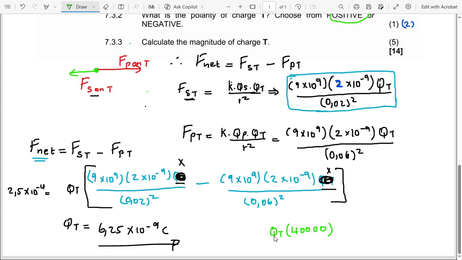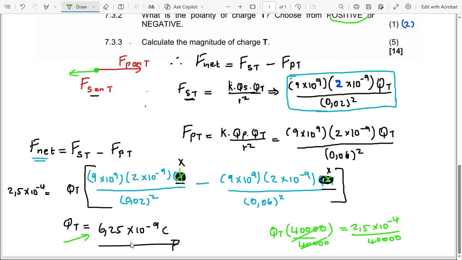You understand how the QT got there? We just took QT out as a common factor. Then this is equated to 2.5 times 10 to the power minus 4. Then you divide both sides by 40,000 to make QT the subject of the formula. This cancels, and when you punch that on the calculator, this is what you get.